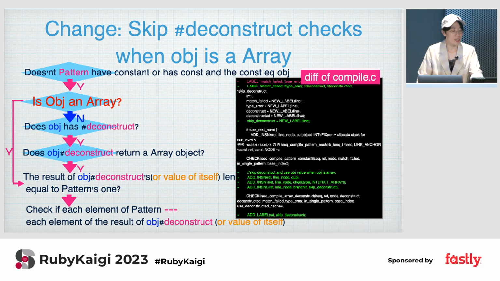I add a check whether the object is an array or not. And if yes, skip the check of the deconstruction and compare the value of itself to pattern 1.